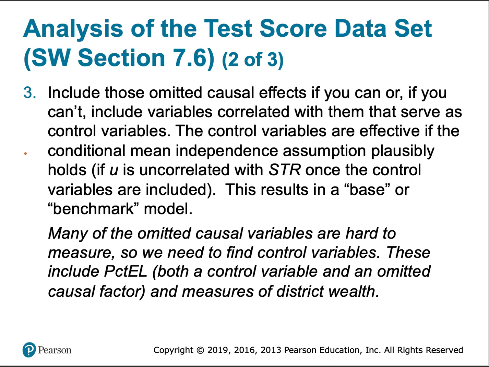This results in a base or benchmark model. Many of the omitted causal variables are hard to measure, so we need to find good control variables. These include PCTEL, the percent of students learning English, which is both a control variable and an omitted causal factor. And this also measures, or is a proxy for, district wealth.